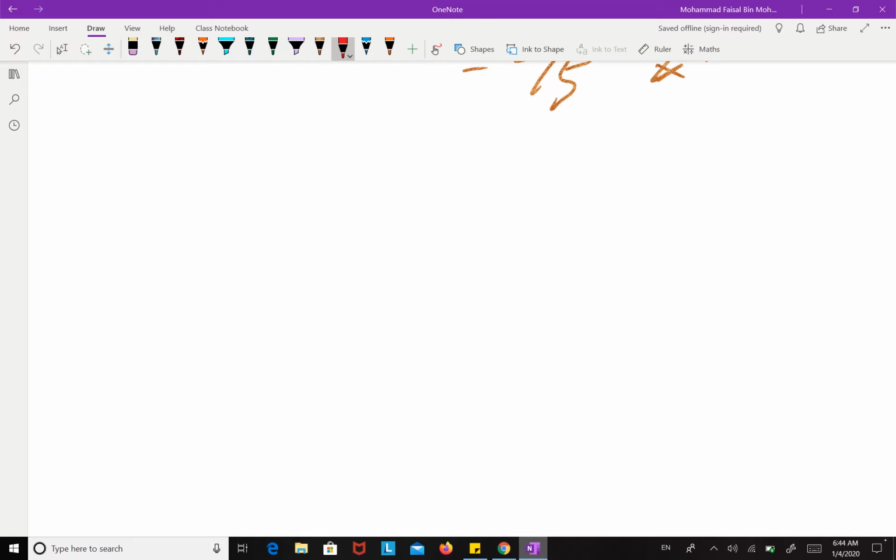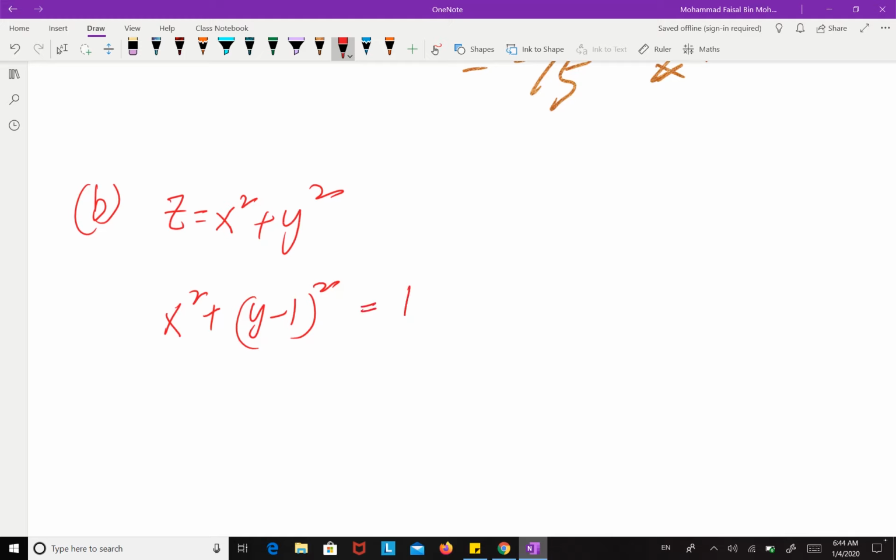They ask you to find the volume of the solid bounded by the given surfaces. I just choose B, I skip the A. Z equals x squared plus y squared, x squared plus (y minus 1) squared equals 1, z equals 0.